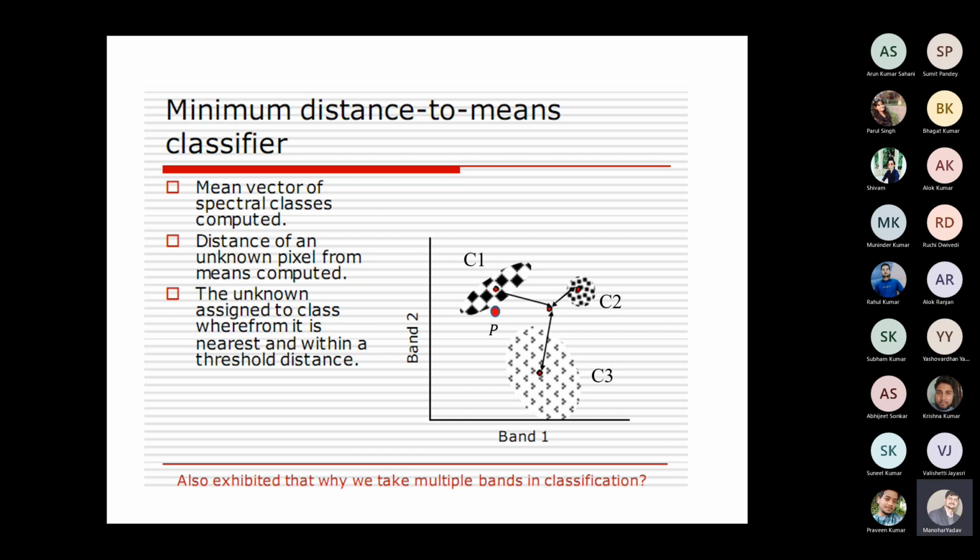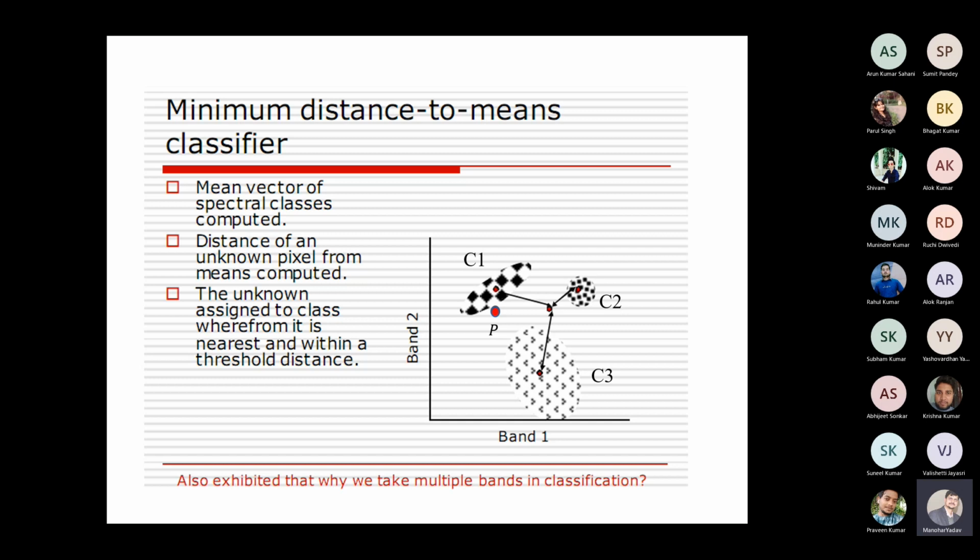As you see in the image, in a scatter plot of bands B1 and B2, training samples of three classes are represented, C1, C2, and C3. What we do is, for each class C1, C2, and C3, their mean values are calculated. For the given training samples of class C1, what is the mean value? For C2, what is the mean value? For C3, what is the mean value?